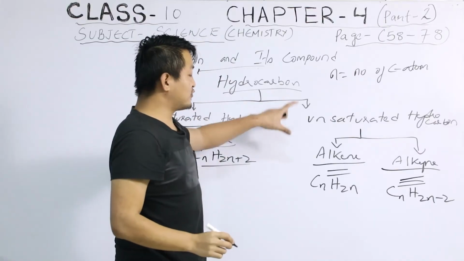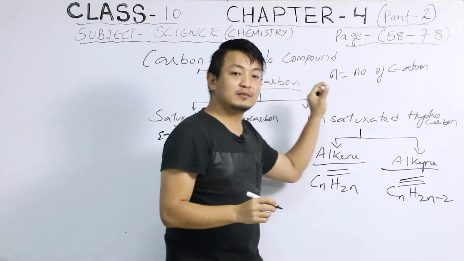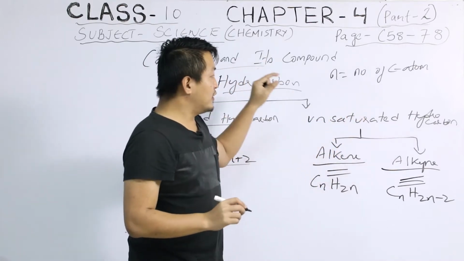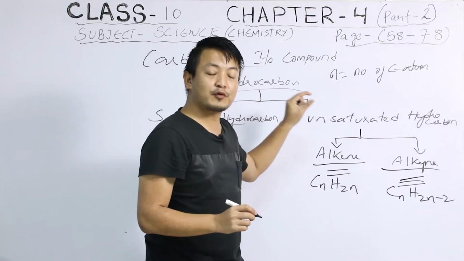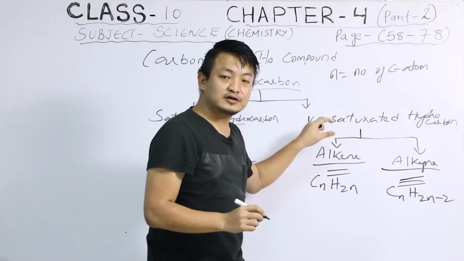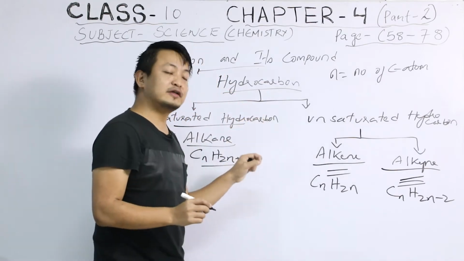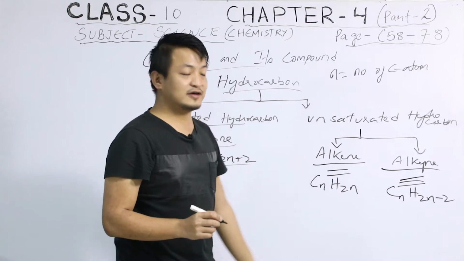Do you remember I have already discussed the names for the carbon counts? If it's only one carbon, we say meth, that you have to remember. Two carbon means eth, 3 carbon means prop, 4 carbon means but, 5 carbon means pent. So you have to remember that, and refer to the last class notes.